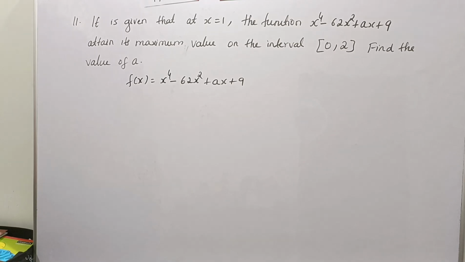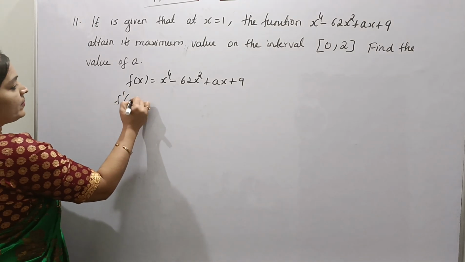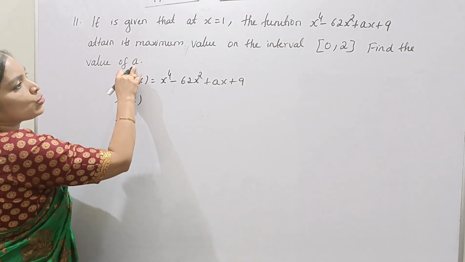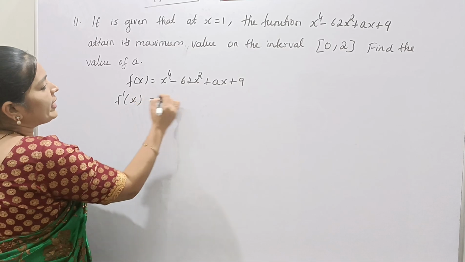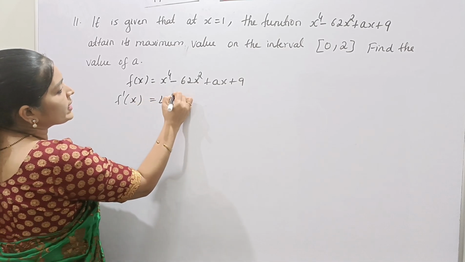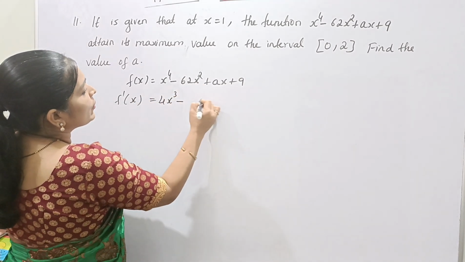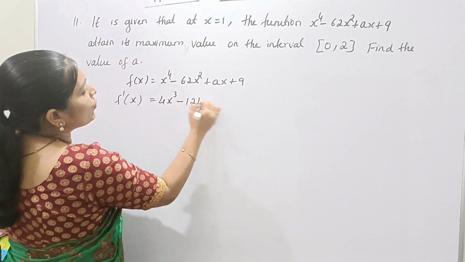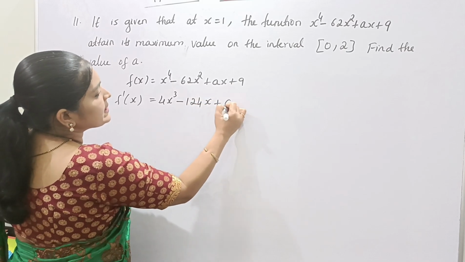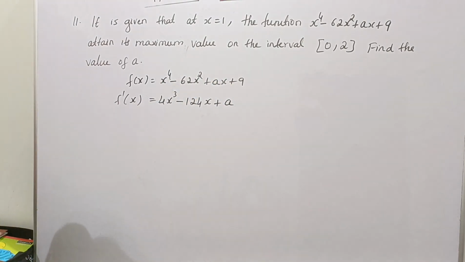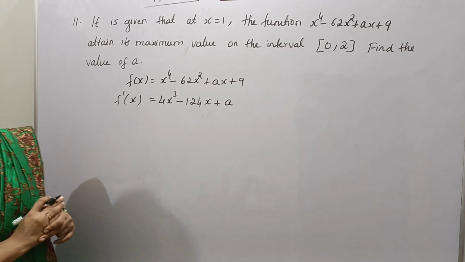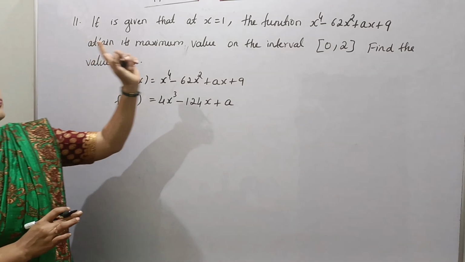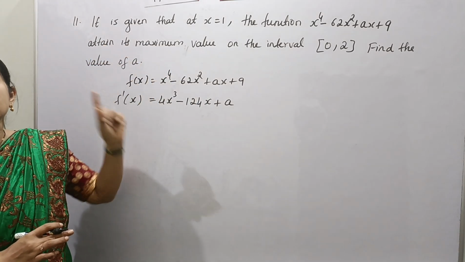Then what is f dash of x? We have to find the value of a. f dash of x is equal to 4x cube minus 124x plus a, right?